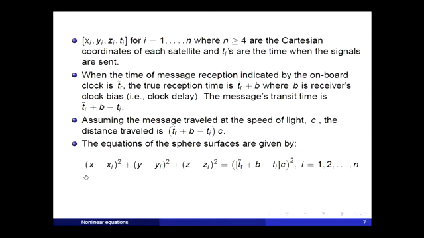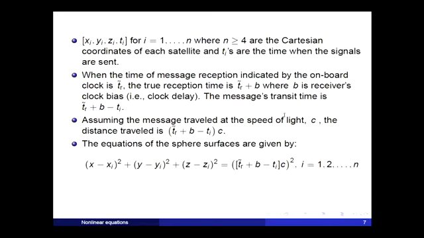So what are the 4 unknowns? First, 3 coordinates, x, y, and z, your current coordinates, and then the delay of your clock. Every clock on each mobile phone has a different delay.